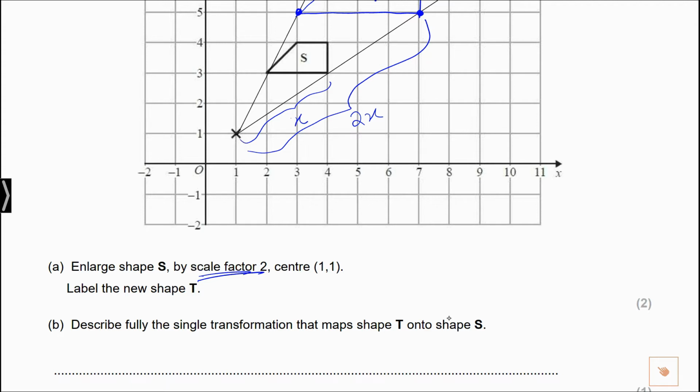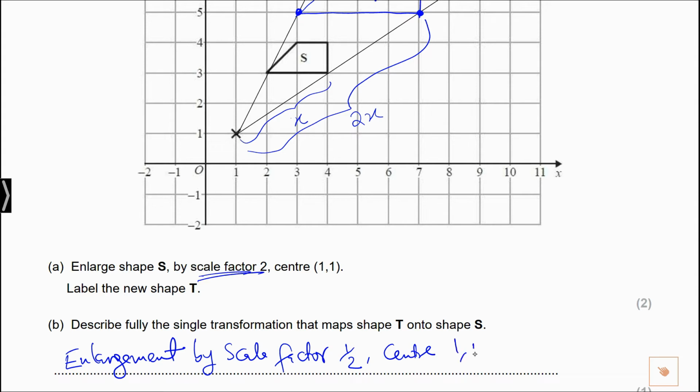So this will be an enlargement, although it's a reduction, but we can just call it an enlargement. So an enlargement by scale factor a half, because the opposite of multiplying by 2 is dividing by 2, or multiplying by half. And the center is the same, 1, 1.